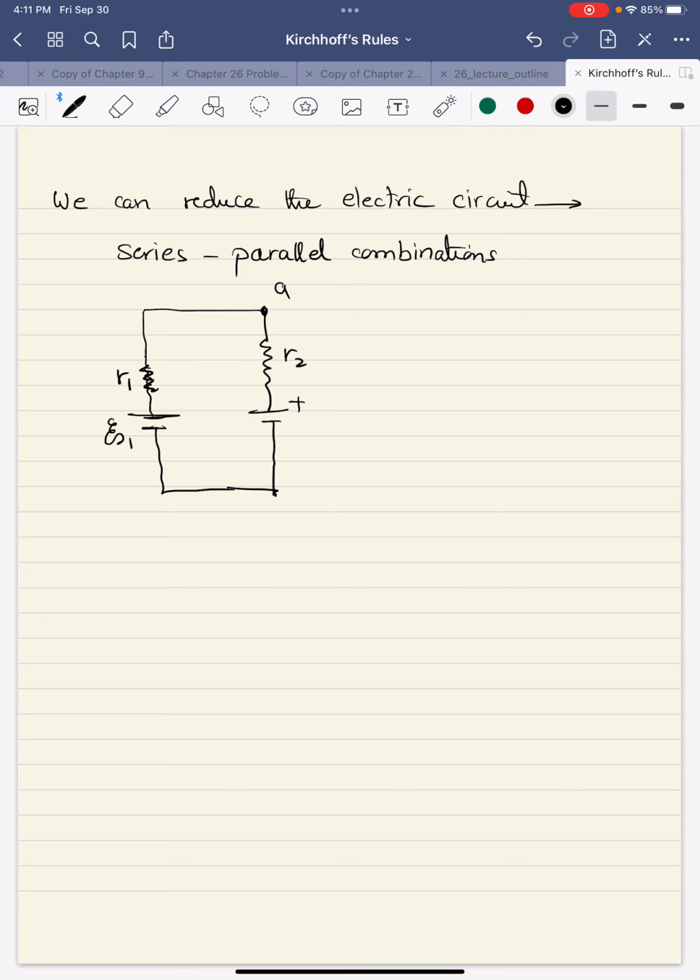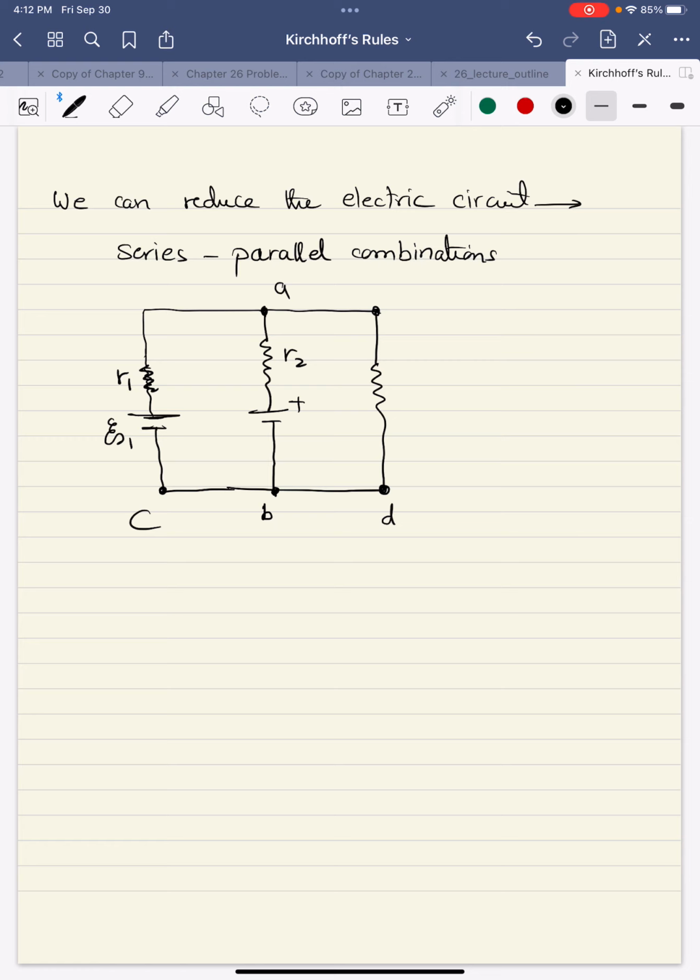Therefore, this situation is not going to be analyzed easily. And maybe I have a resistor here. Then this is really multiple loops.